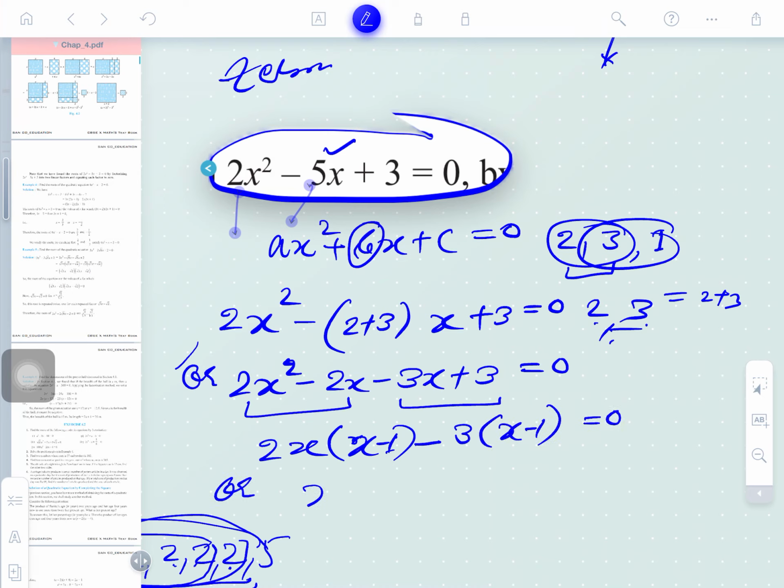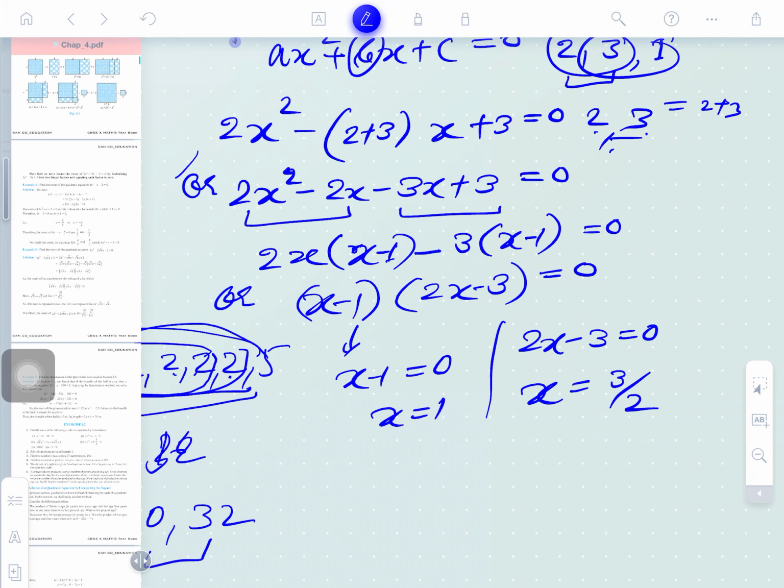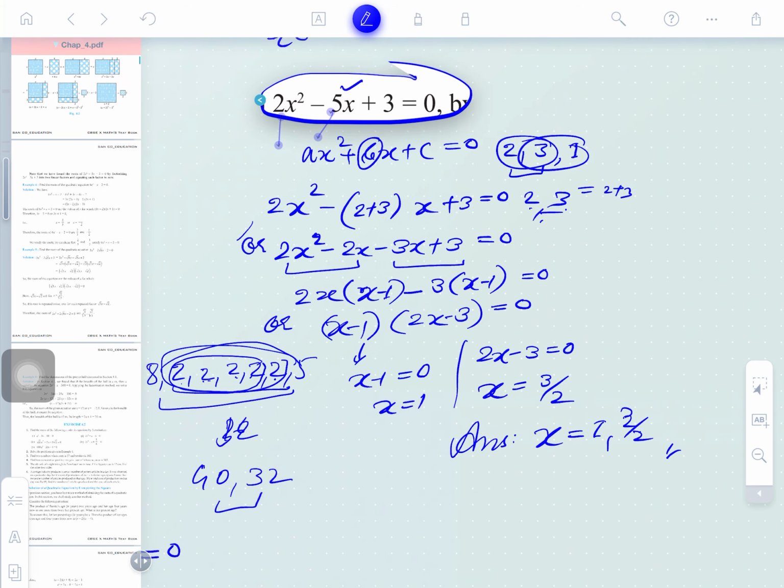Clear? What is throughout common? x minus 1 is throughout common. 2x minus 3 is equal to 0. So, x minus 1 is equal to 0 first case, and the second case is 2x minus 3 equal to 0. So, x is equal to 1 and x is equal to 3 by 2. Is that clear or not? Please tell me your answer: x is equal to 1 and 3 by 2. Clear? Two answers are there.